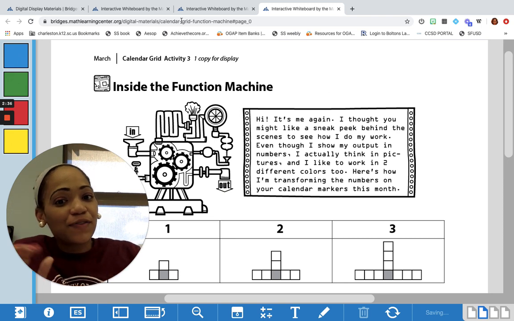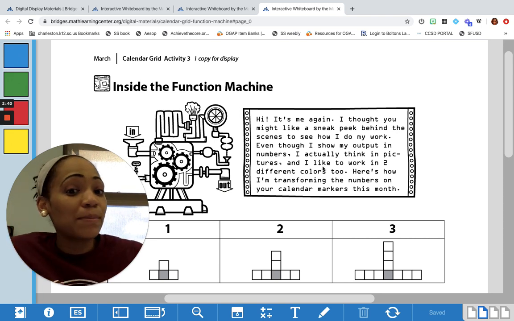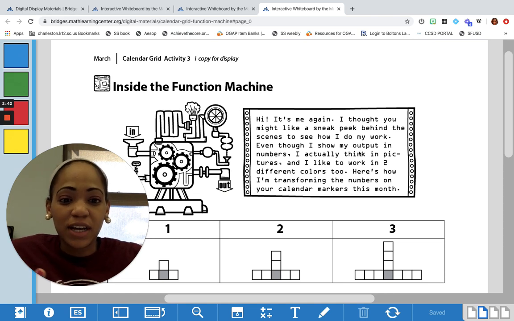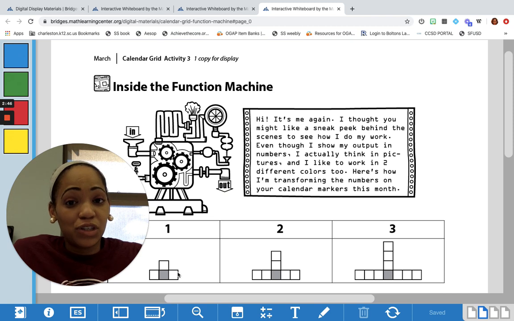Right, so this function machine, it spits out numbers, but it's saying that it thinks in pictures, and it likes to have 2 different colors. And so they're showing you essentially how this machine is transforming our numbers for our calendar grid.